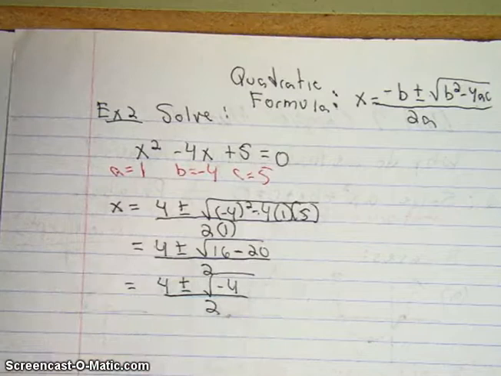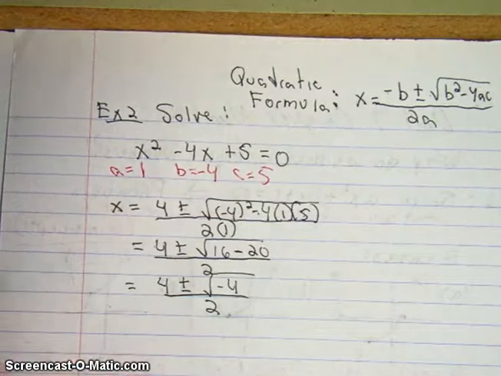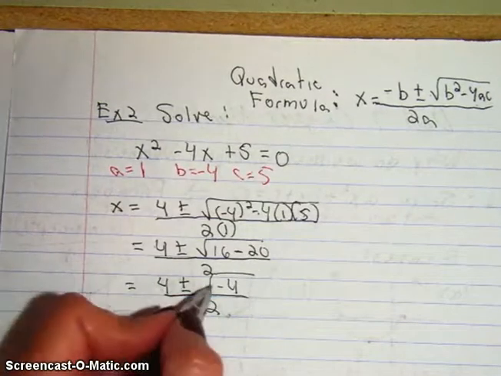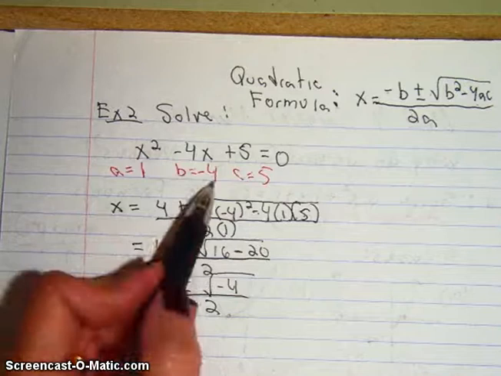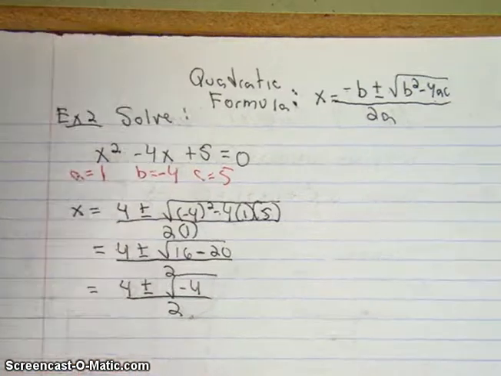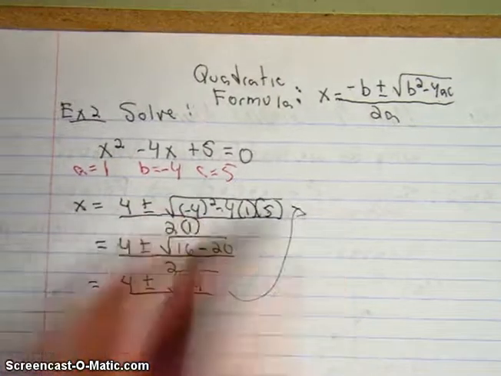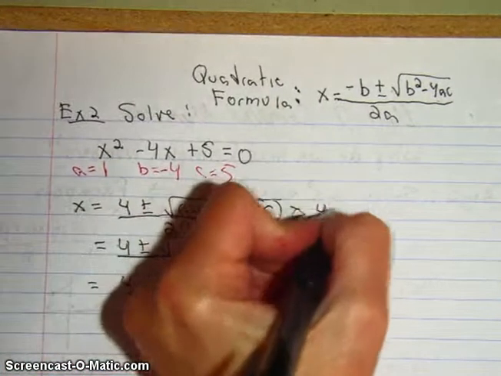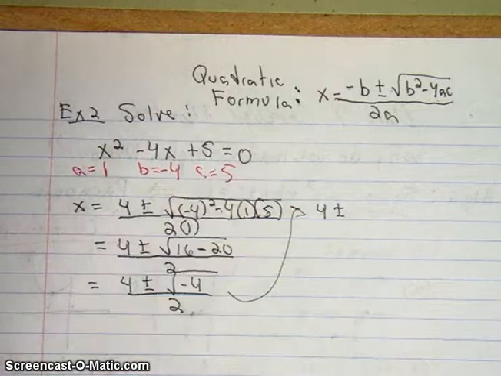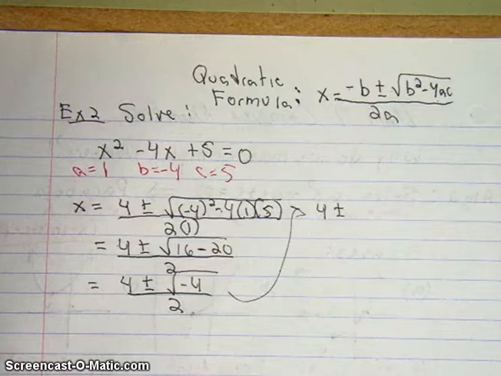Everybody good? Is it a negative 4 on top, or the b value in front of everything? No, it's the opposite of negative, it's 4, the b. Okay? All right, then we're almost to the end. Whenever you have a negative under a square root, remember, pull out an i out of your noggin. Pull out an i.